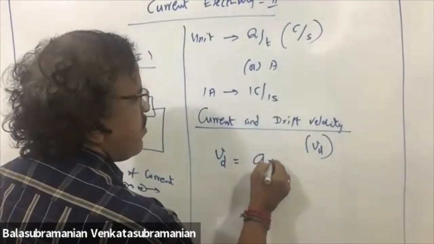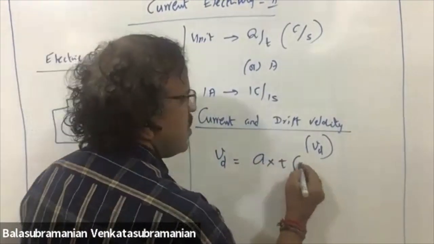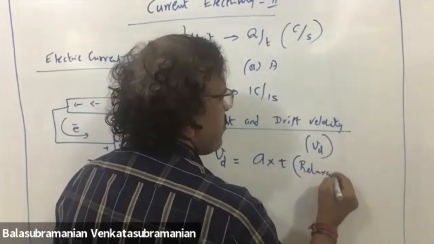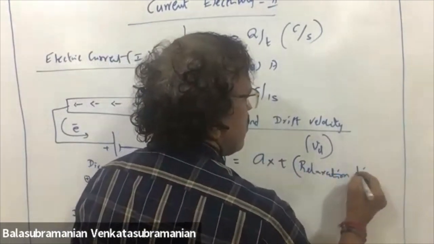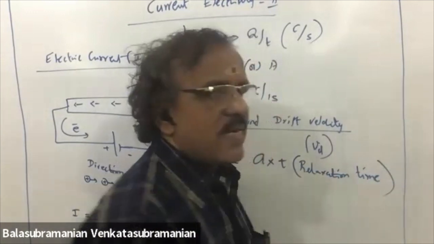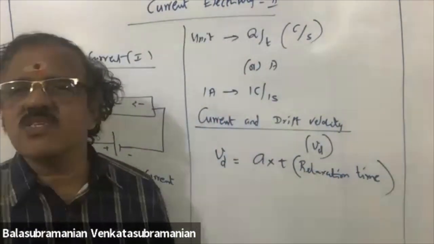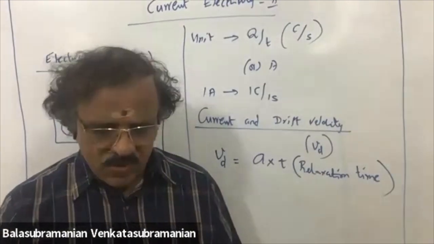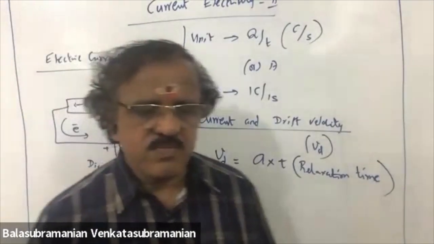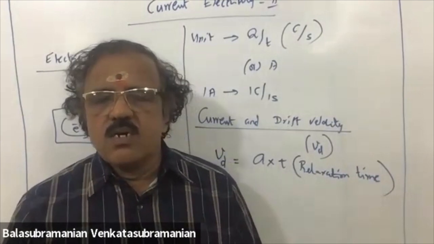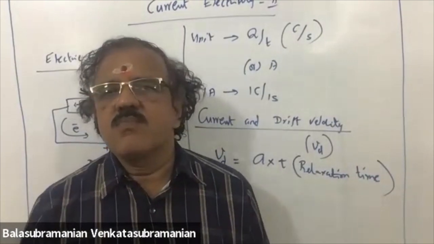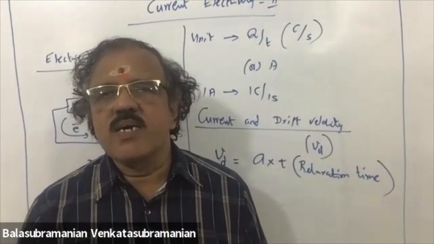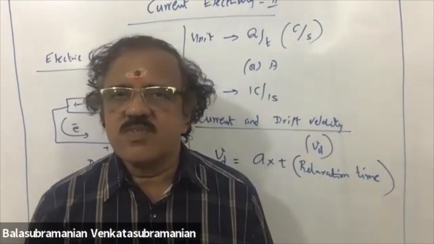Acceleration into time. This time we call it as relaxation time. What is called relaxation time, sir? During the motion, when the electrons are moving in the wire, they may collide with one another.